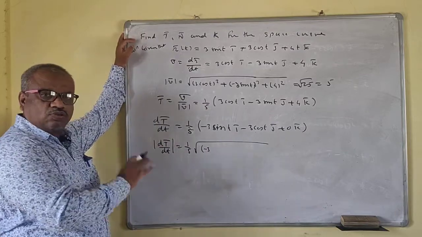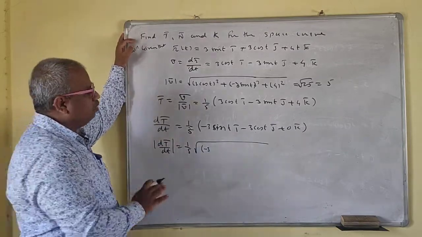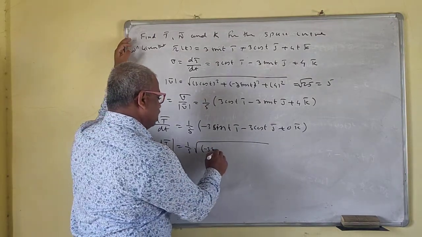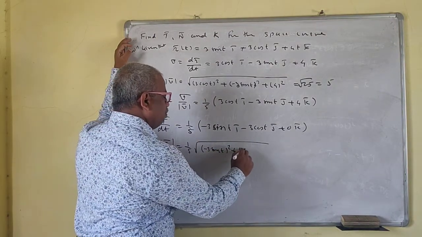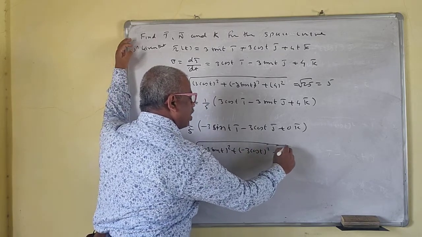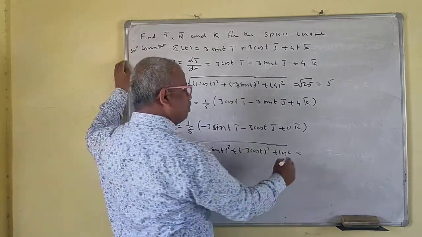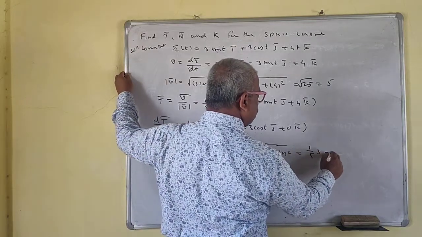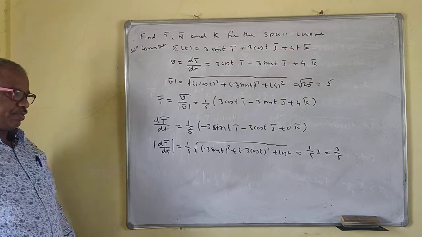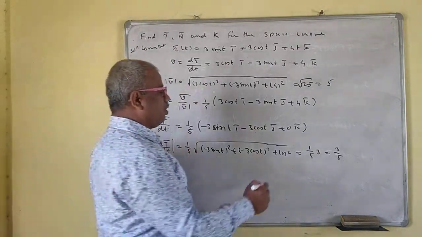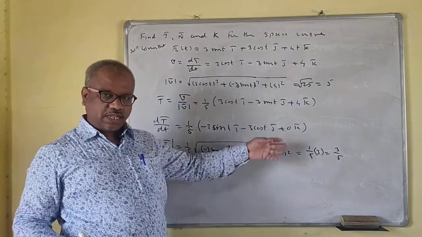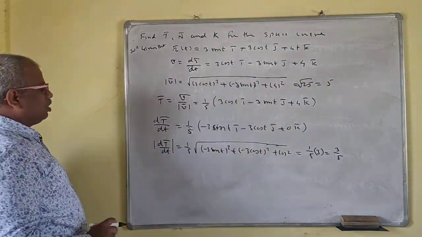For the magnitude, it is common and positive, just keep it as it is, and take the magnitude of the vector, which is root of (minus 3 sin t) square plus (minus 3 cos t) square plus 0 square. So this is 1 by 5 into 3, so this is 3 by 5. Because you get root 9 here, and root 9 is nothing but 3.